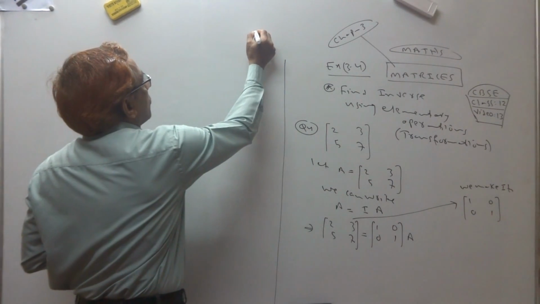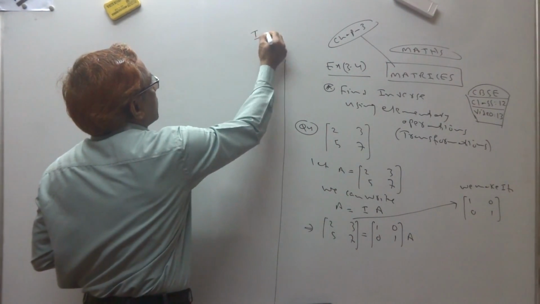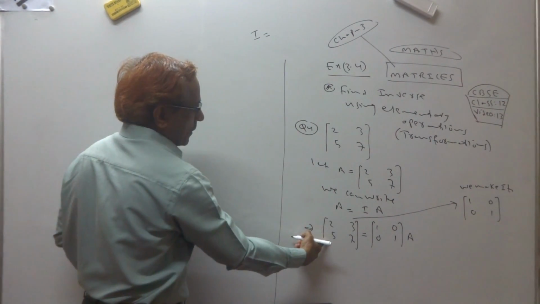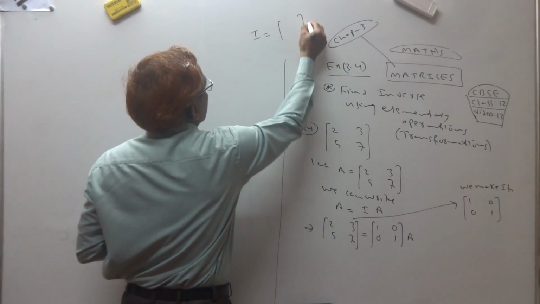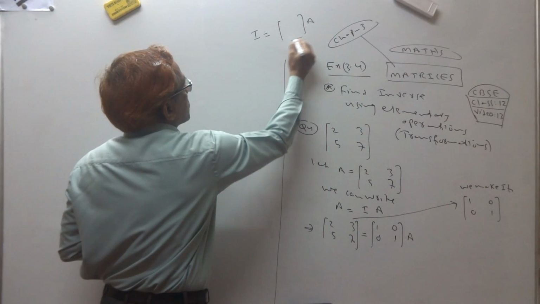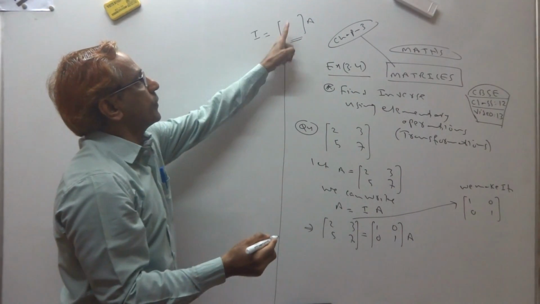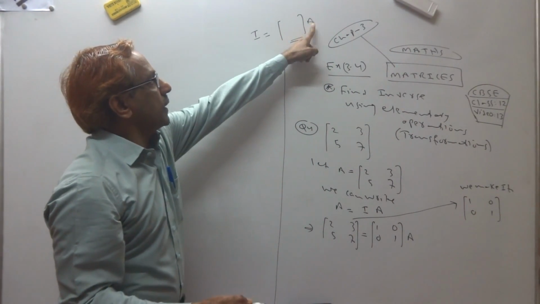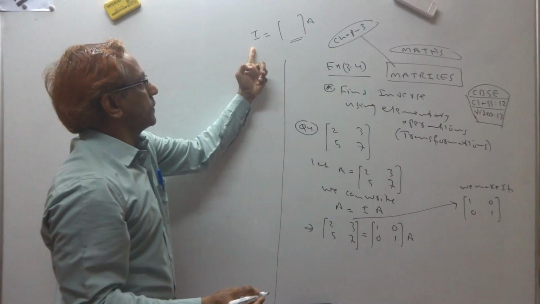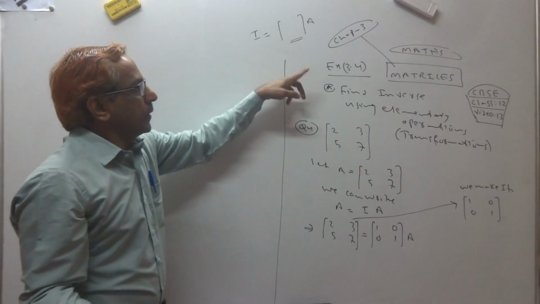Because if you make it 1, 0, 0, 1, it becomes I, so I is equal to this matrix into A. This is called the inverse of A, because we know that A into A inverse is I. All this we have discussed already in the 12th video.